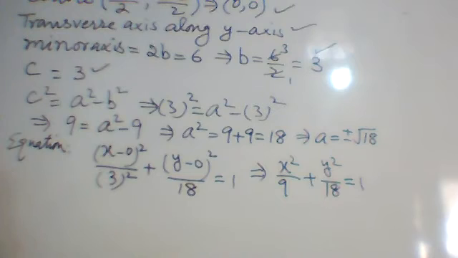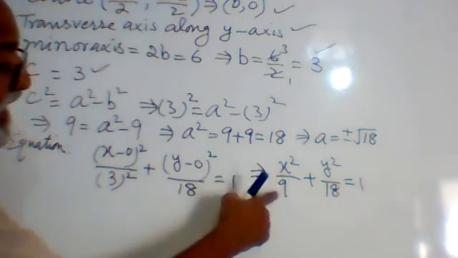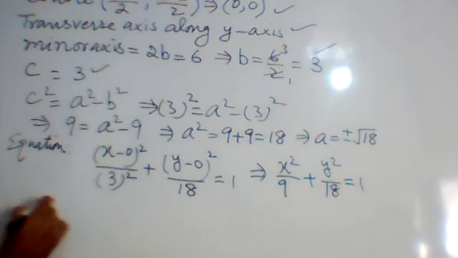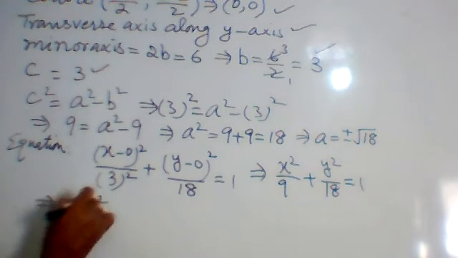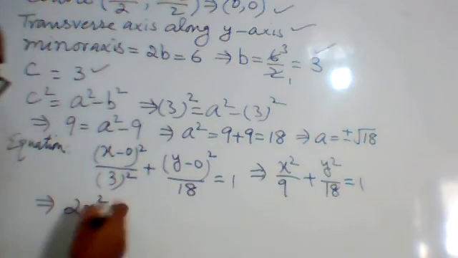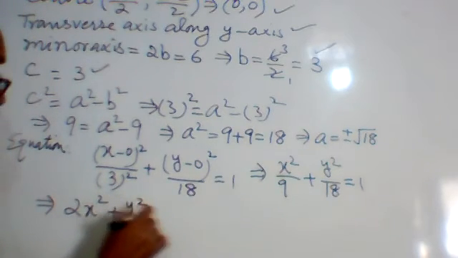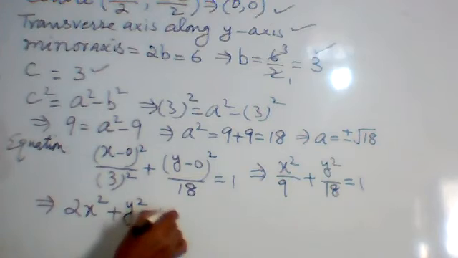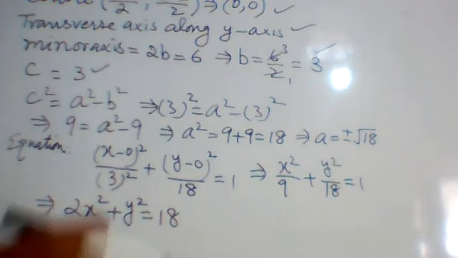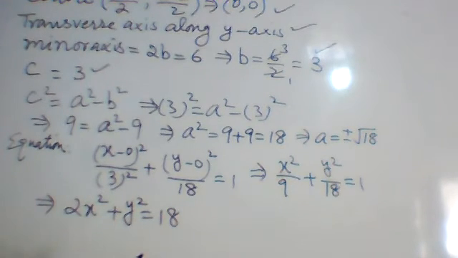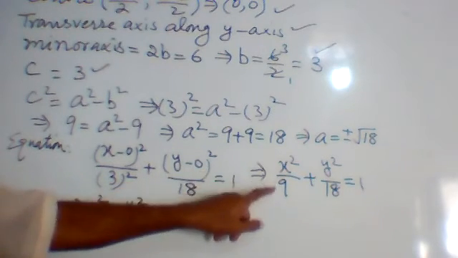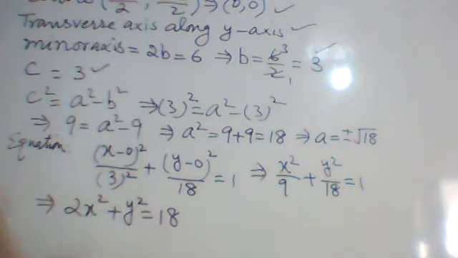If we multiply by 18, we will get the general equation. 9 twos are 18, so 2x square, 18 is cancelled over there, plus y square, 18 into 1 will be 18. This is the general equation: 2x square plus y square equal to 18. And x square upon 9 plus y square upon 18 equal to 1 is the standard equation.